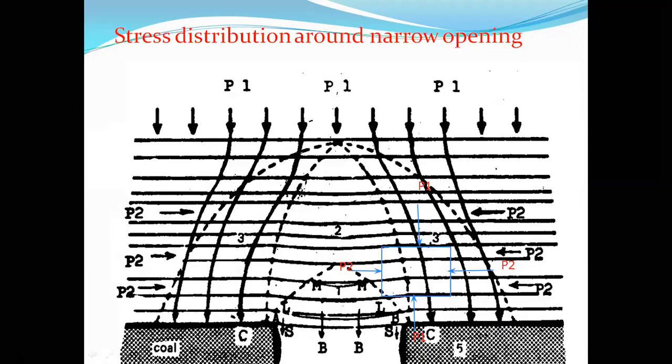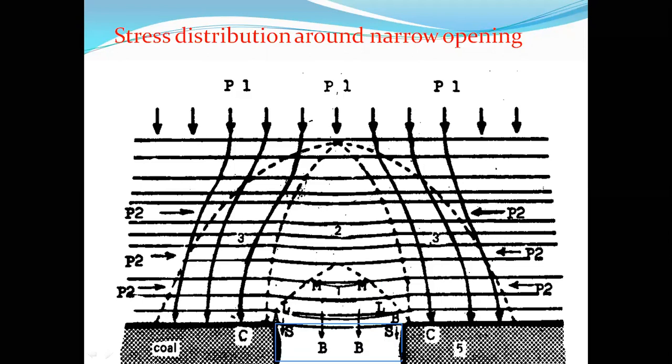Look at here in this diagram. This is the kind of opening that we made.